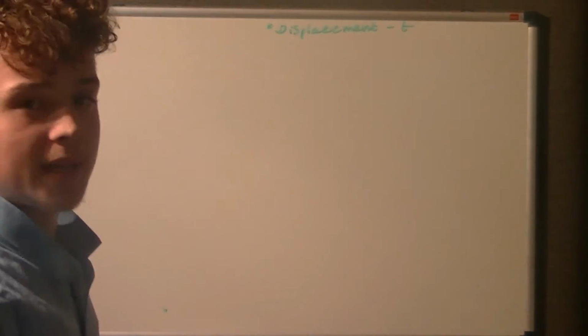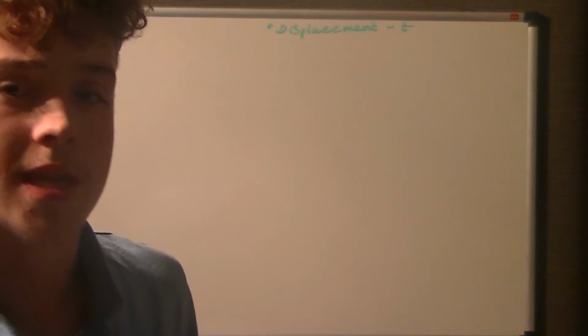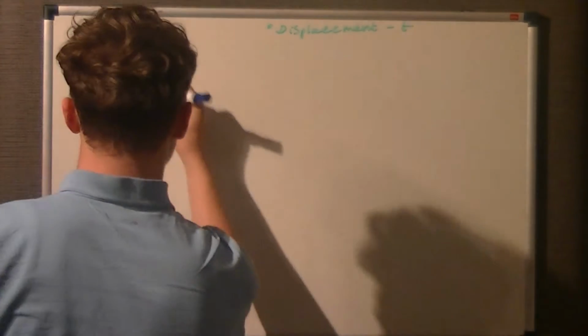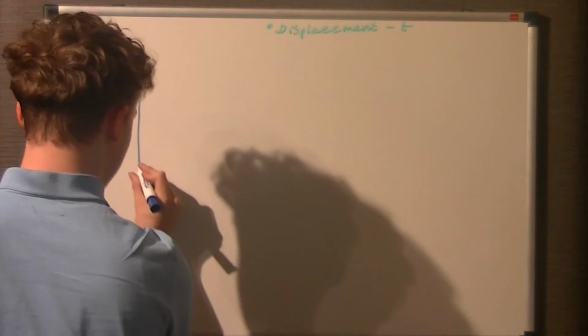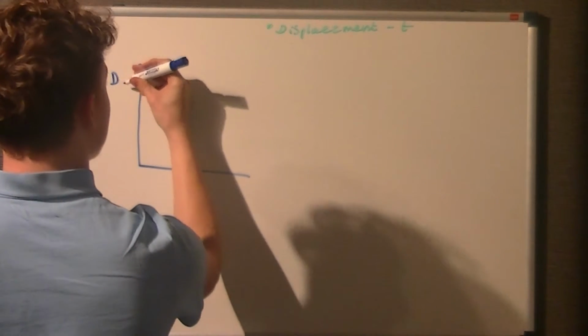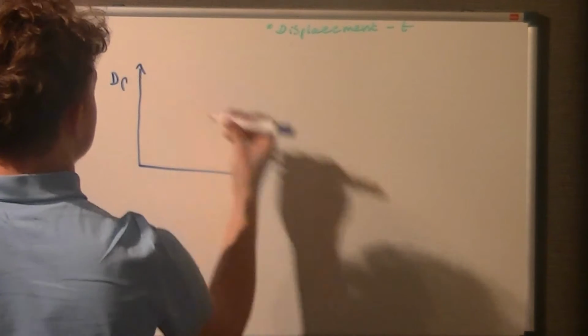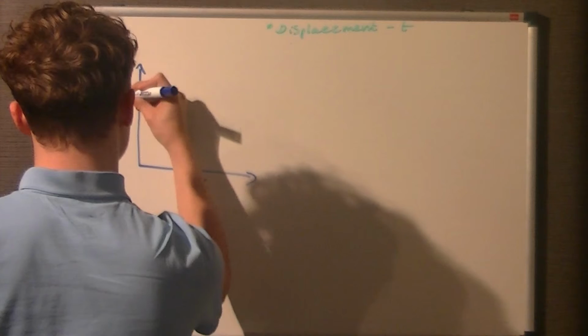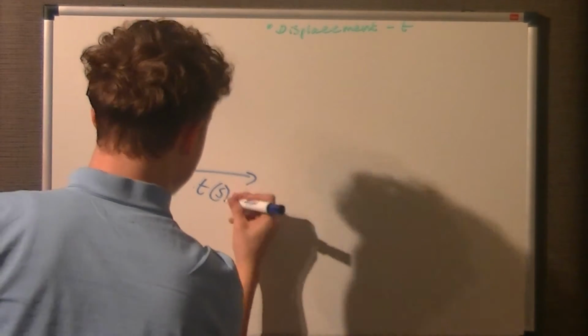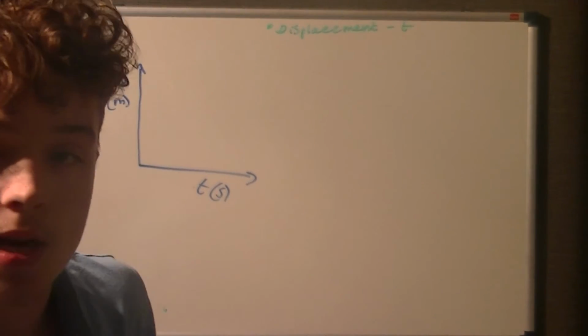So let's go to the displacement one. Now, people often get confused by distance and displacement. Displacement is when it's relative to the equilibrium position. So let's draw one. I just put displacement is s, t, and in brackets m is what it's measured in, standard SI units.